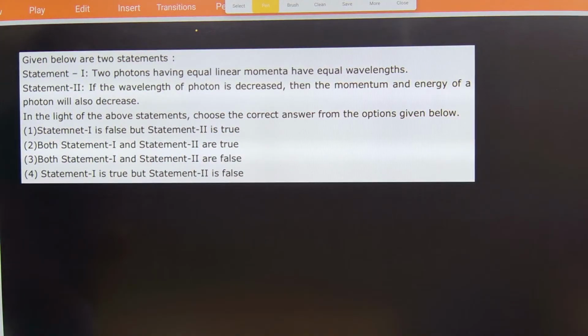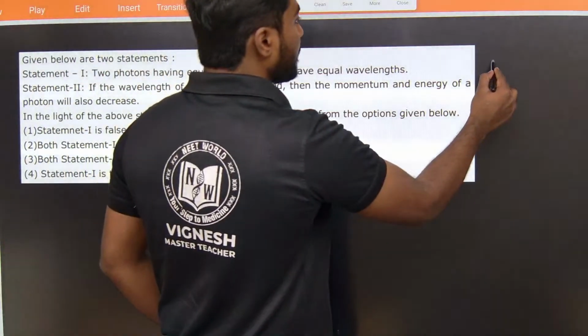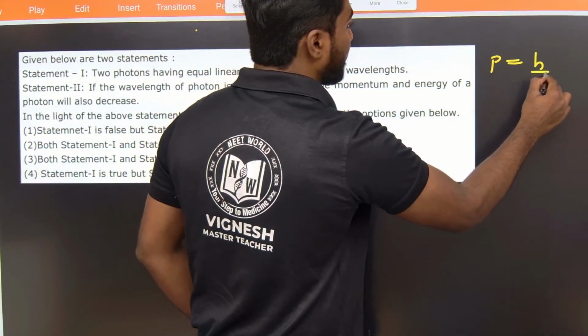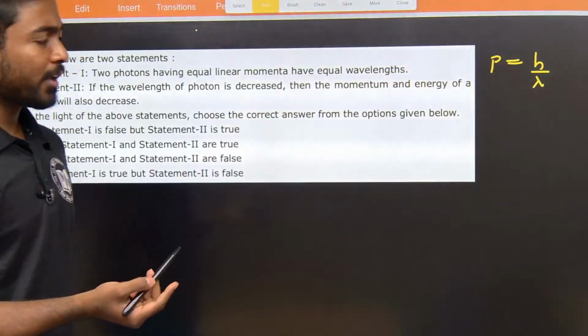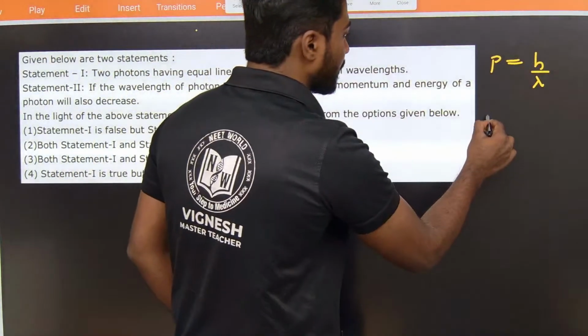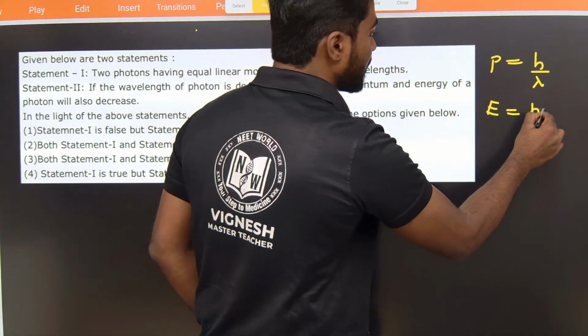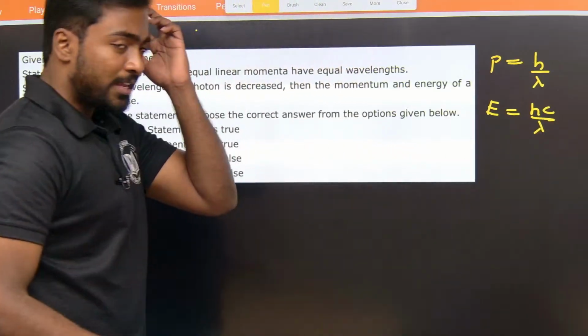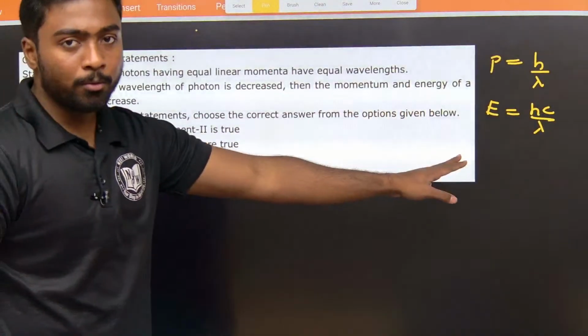For momentum, P is equal to h by lambda, and for energy, E is equal to hc by lambda. These are the two equations we know.